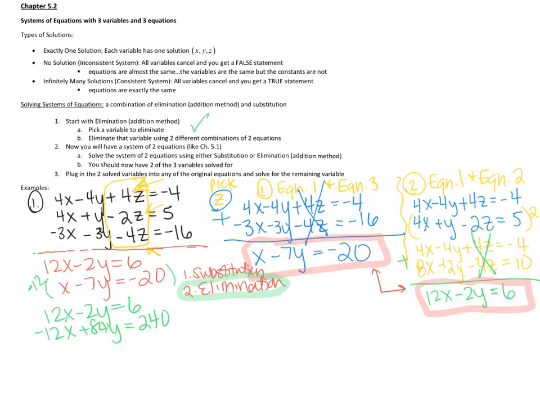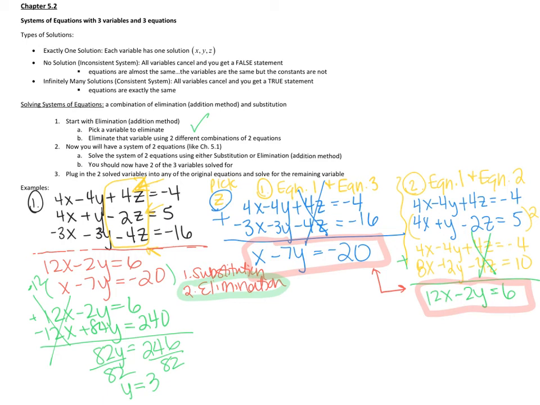Then what I'm going to do is add them together, right? My elimination method says multiply by what I need and add to eliminate. So those x's are going to cancel. I'm going to end up with 82y equals 246. Then I'm going to divide by 82. So y should equal 3.